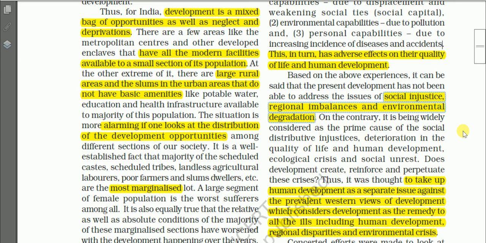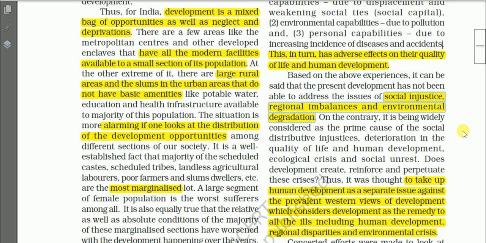Based on the experiences discussed above, the present development has not been able to solve the problem of crime, discrimination among the people, regional imbalance, and environmental degradation.